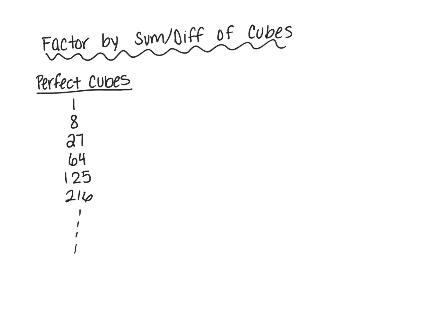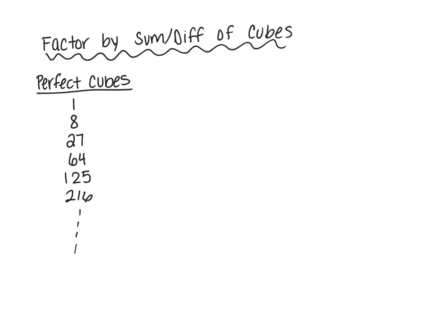Most of the problems you do will probably end here, right? 6 times 6 times 6. But it's important to recognize these numbers because when you see them, you'll have a better idea that we have to factor by sum and difference of cubes.